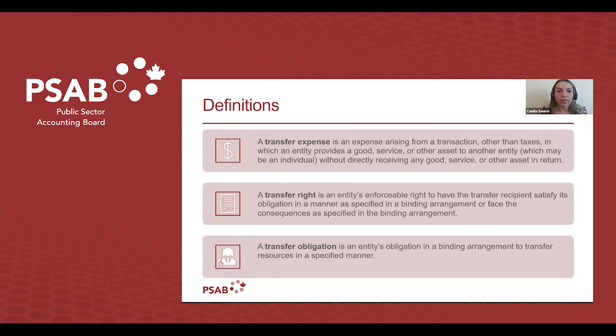Where the transaction involves two public sector entities, the counterparty will account for the transaction under IPSAS 47, as previously discussed in this workshop, which includes equivalent terms for recipients. For example, the obligation referred to in the definition of a transfer right is defined as a compliance obligation in IPSAS 47.